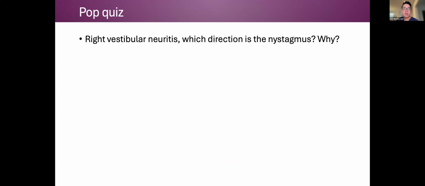So just to synthesize that, if a patient has a right vestibular neuritis, which direction is the nystagmus and why? Any volunteers here? So I think it depends initially on the stage of the vestibular neuritis.